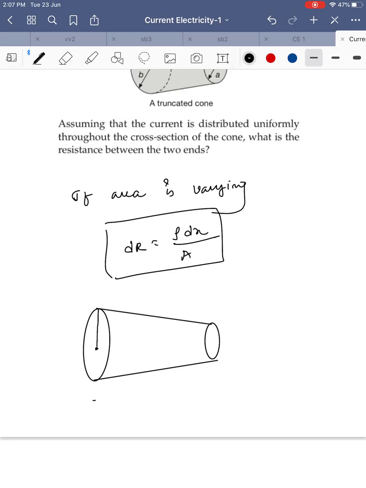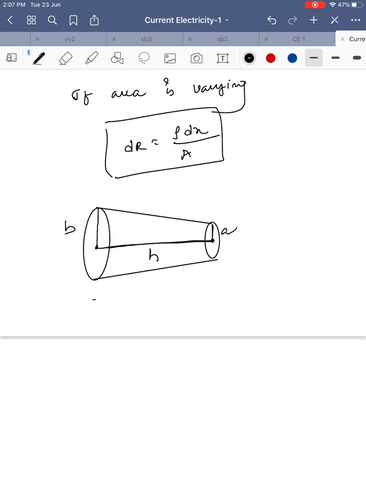This is b and the other one is a, and from here to here is a distance h. He's saying that find the resistance.